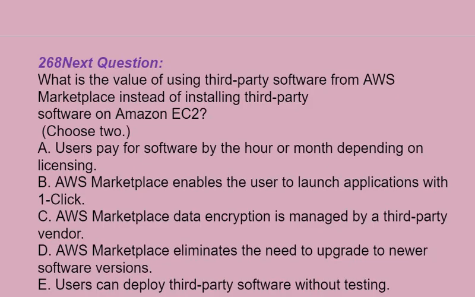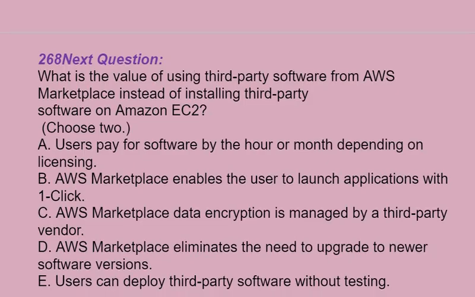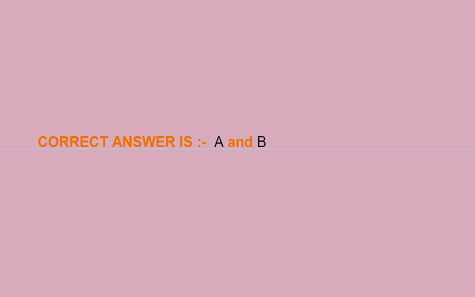Option C, AWS Marketplace data encryption is managed by a third-party vendor. Option D, AWS Marketplace eliminates the need to upgrade to newer software versions. Option E, users can deploy third-party software without testing. Correct answer is option A and option B.